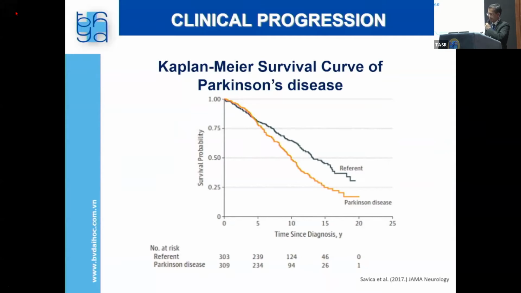And at 15 years after the diagnosis of Parkinson's disease, we can see the patients with Parkinson's disease will have survival several times lower than the reference group.